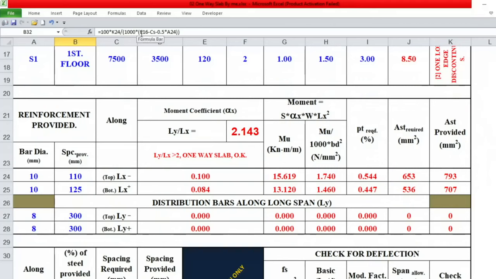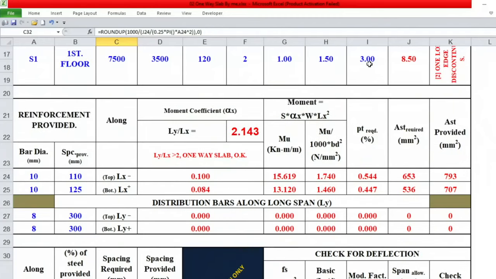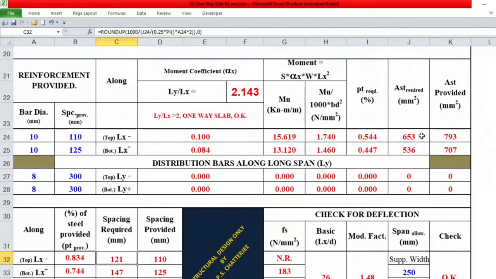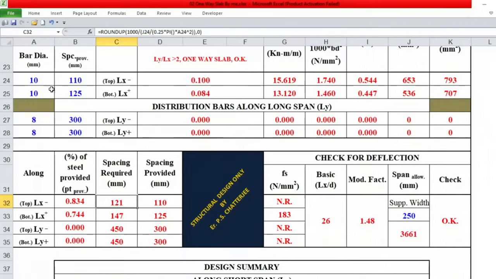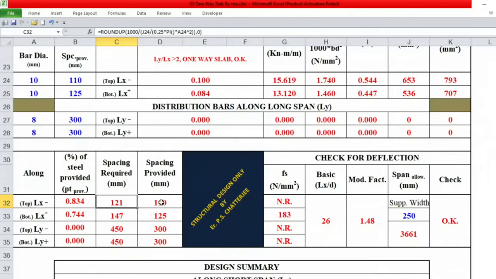Similarly for bottom reinforcement, spacing required is equal to round up 1000 millimeter divided by J24, that is AST required, into pi by 4 d square, where d is the dia. Once again we have written here spacing provided, equal to this one.